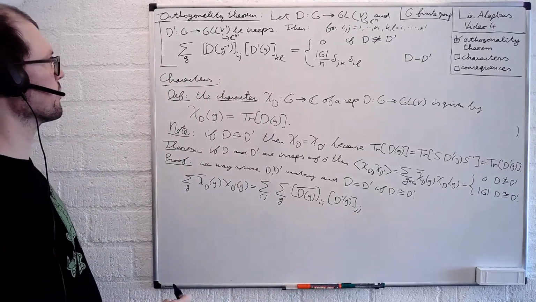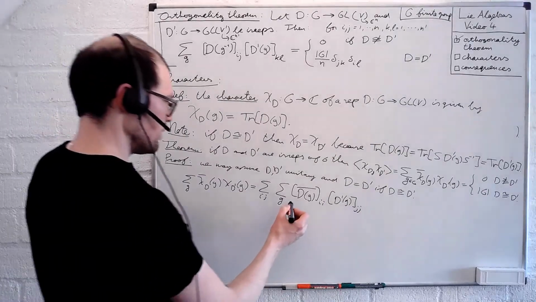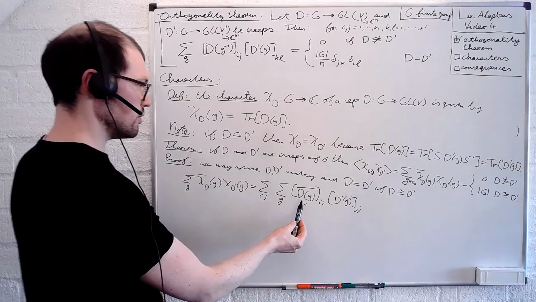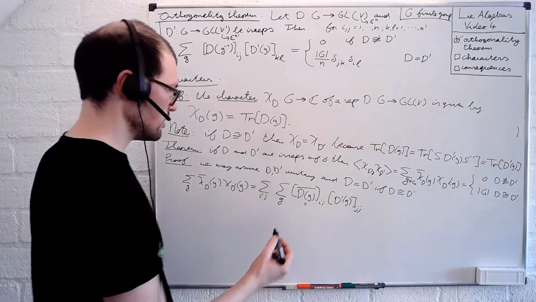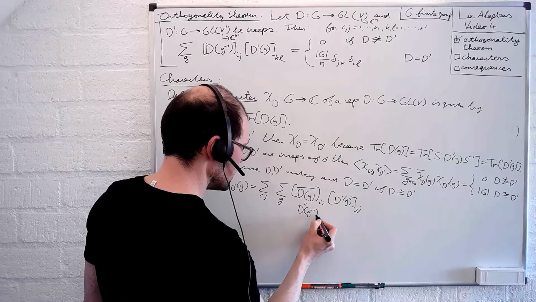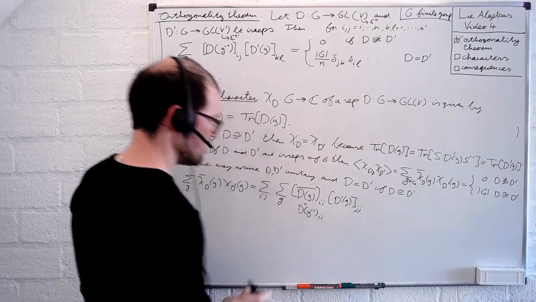Okay. And then we notice that what we've written here, because we've assumed it to be unitary, is the same thing as D of g inverse ii.